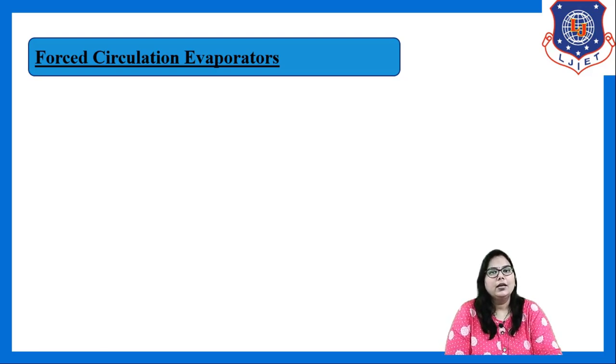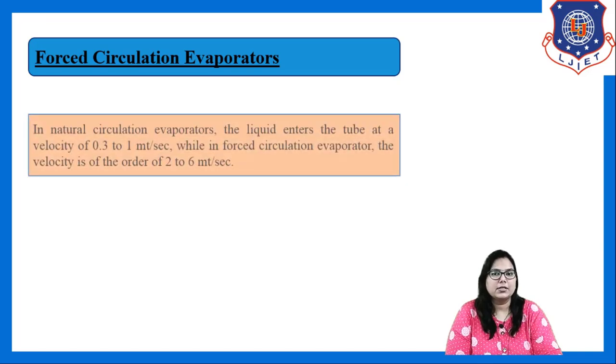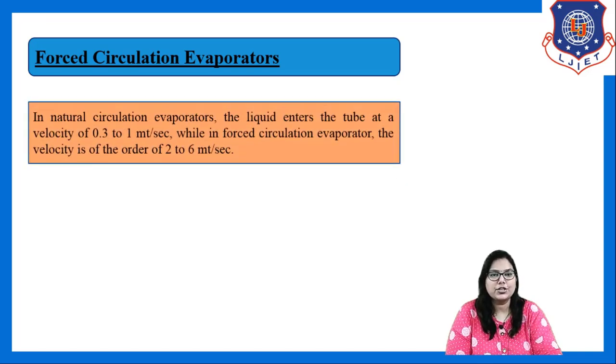Let's see what is the basic difference. In natural circulation evaporator, the liquid enters the tube at a velocity of 0.3 to 1 meter per second. Understand this point, it is very important. While in forced circulation evaporator, the liquid velocity is of the order of 2 to 6 meter per second.